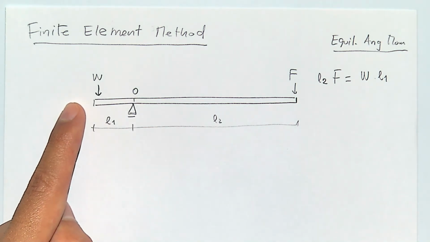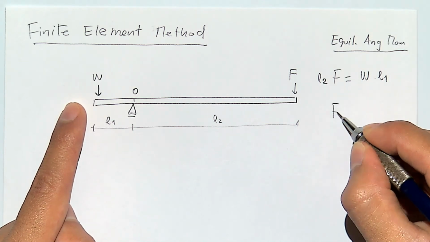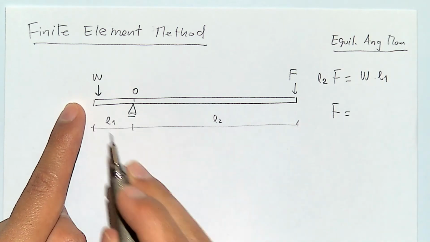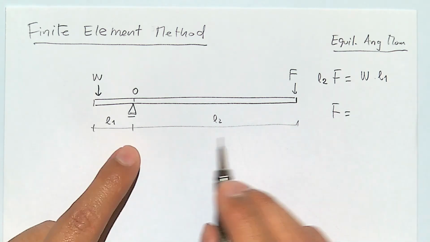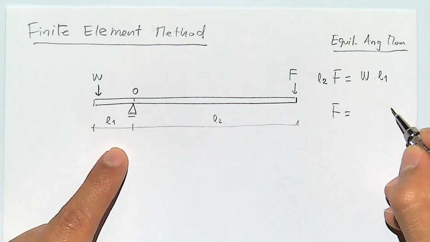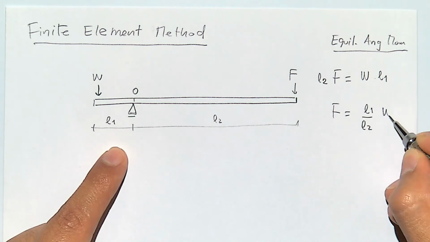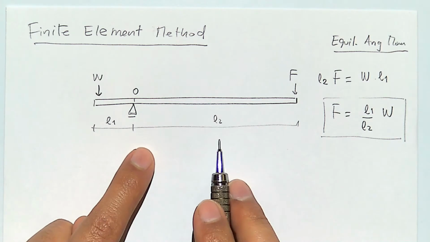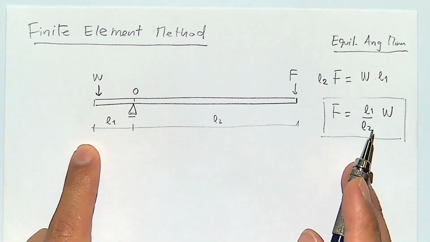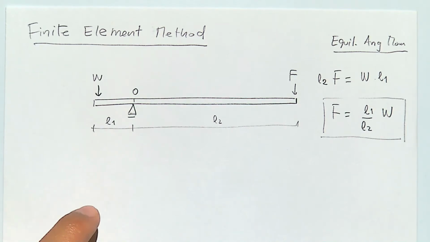That's why when you have a long lever, the force that you have to make in order to lift the weight is proportional to the ratio of the distances, from the equation above, L1 divided by L2 times W. So if L2 is 5 times larger than L1, then by applying a force F, you can lift the weight W with a fifth of its weight.